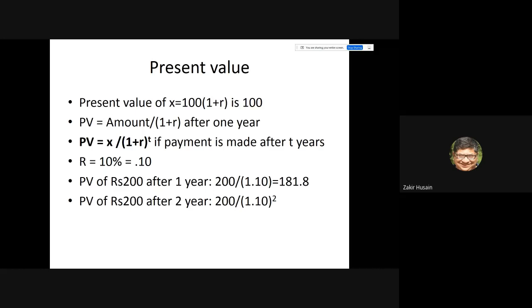So it means that if I pay you 181.80 rupees now, this is equal to 200 rupees in the future. If I give you 200 rupees after 2 years, you should discount it even more. You should increase the denominator, make this power 2 instead of 1. So you can find this out.